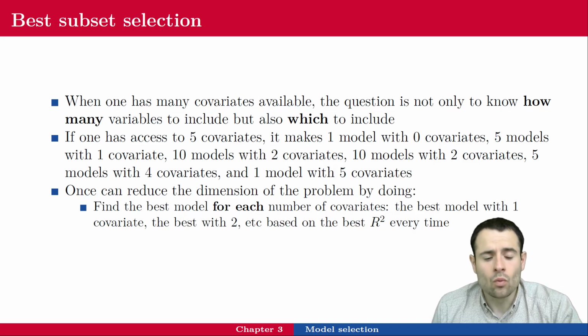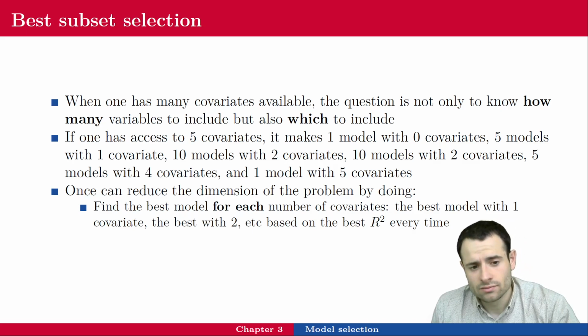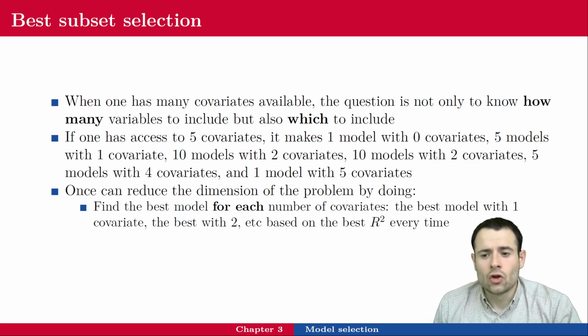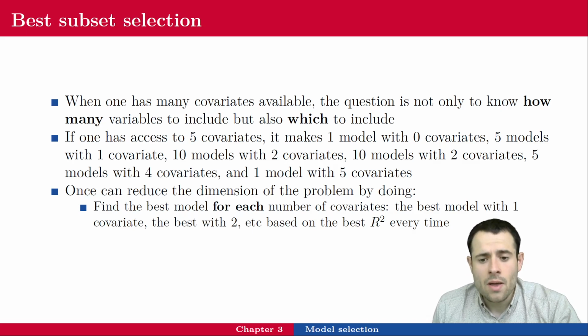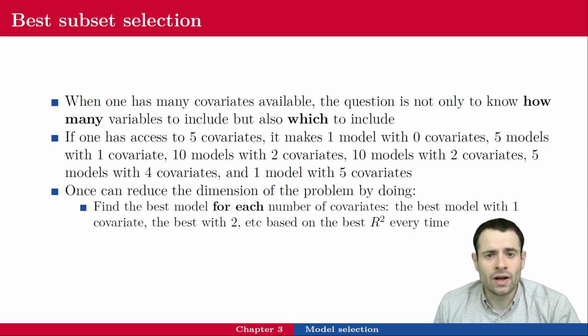One can reduce the dimension of the problem by doing the following computations. Find the best model for each number of covariates. So you find the best model with 1 covariate, the best model with 2, and so on, based on the best R-square every time.